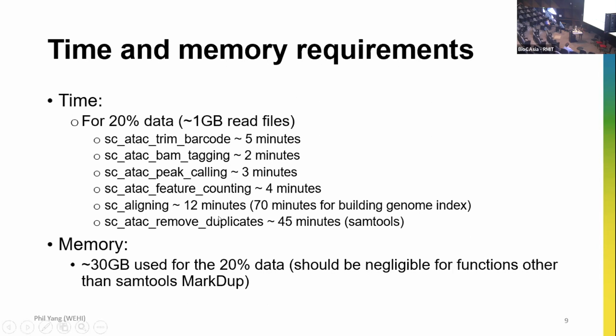So as I said, 2 hours, but that means you haven't yet made the genome index, or you decide to do the remove duplicates within the package, but otherwise it would take less than 30 minutes. And in terms of memory, it's not super intensive, except for the function that calls the remove duplicate function.